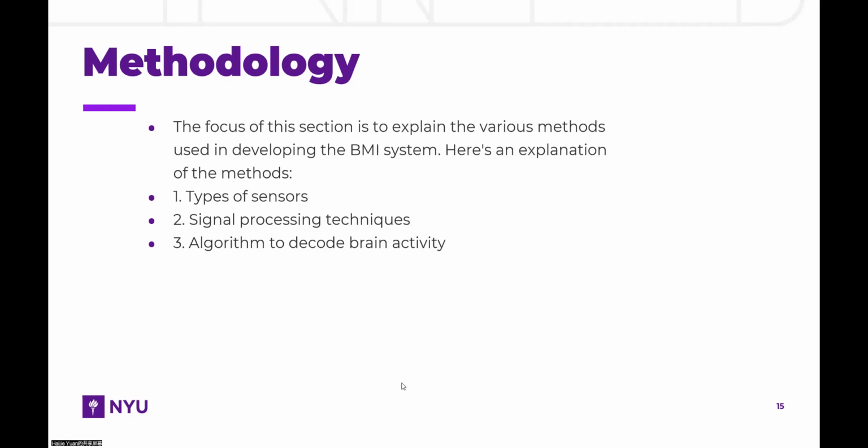Depending on the direction of application, decoding algorithms include classification algorithms to distinguish between different mental states, such as support vector machines and neural networks, and regression algorithms for predicting variables.